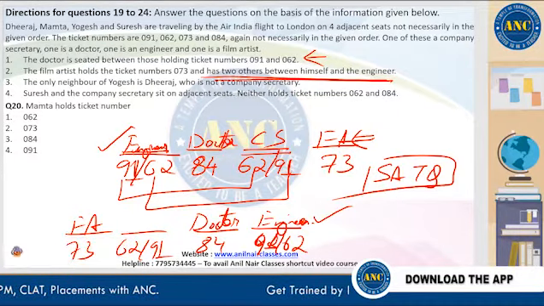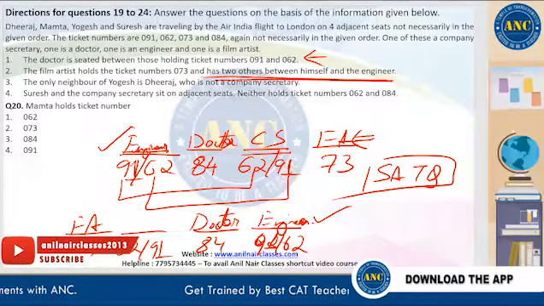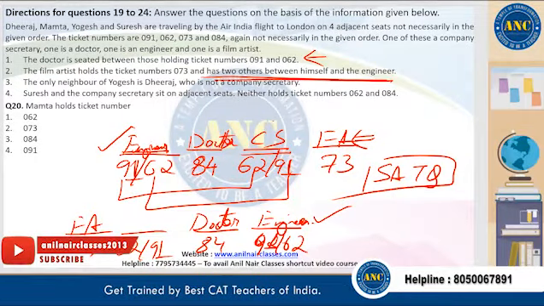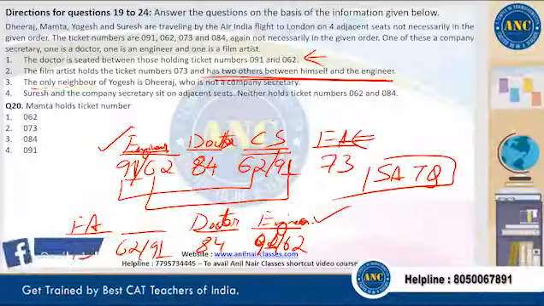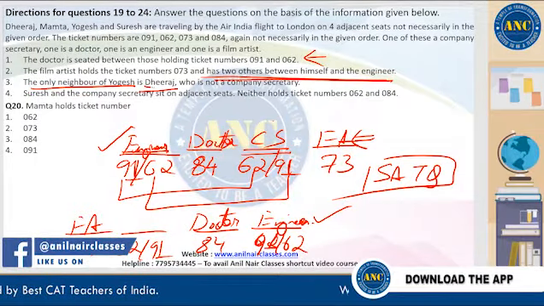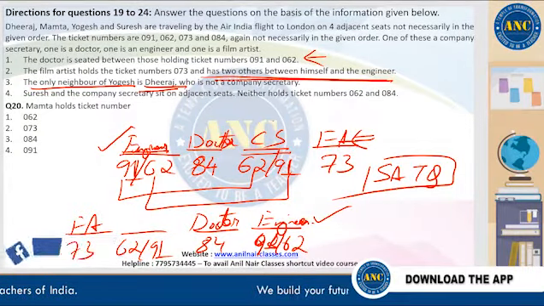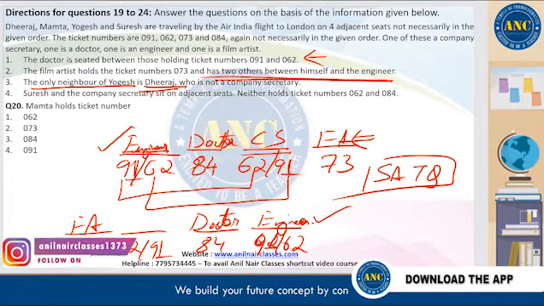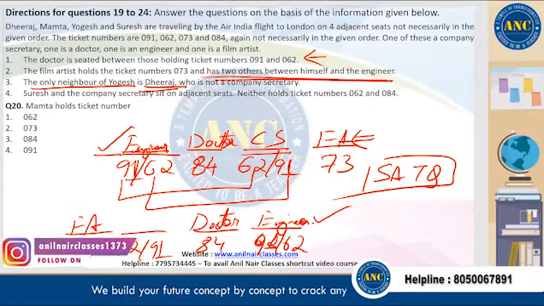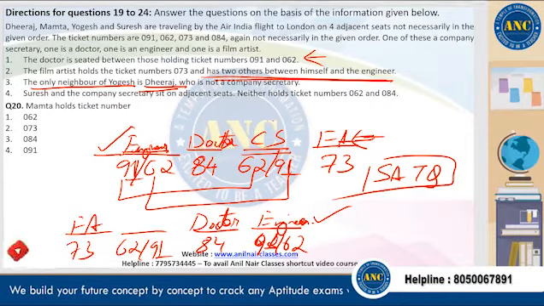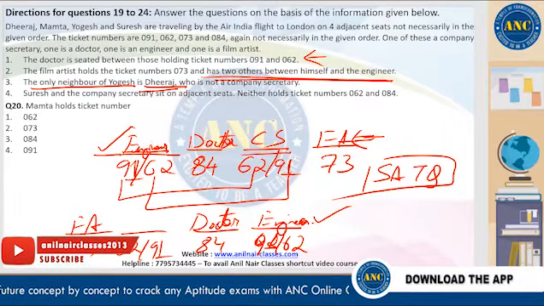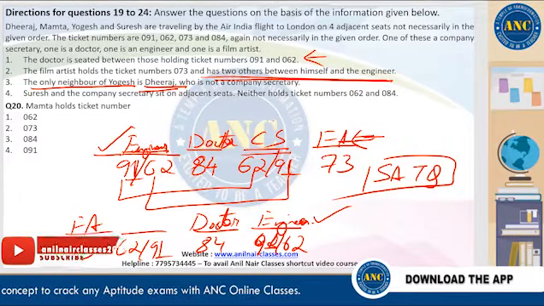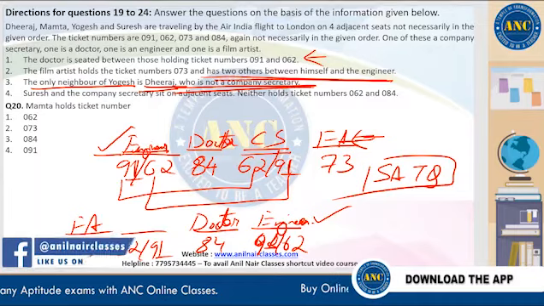The only neighbor of Yogesh is Dheeraj. Which means what? Yogesh has only one neighbor, which is Dheeraj. Which means Yogesh is sitting at either the left end or the right end. Dheeraj is not a company secretary.